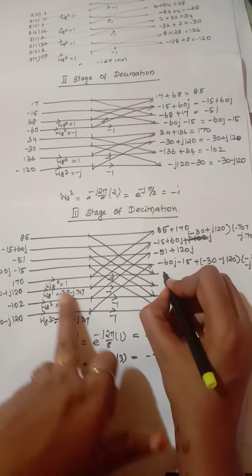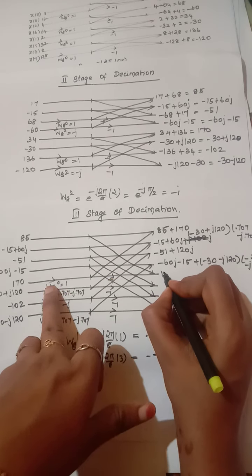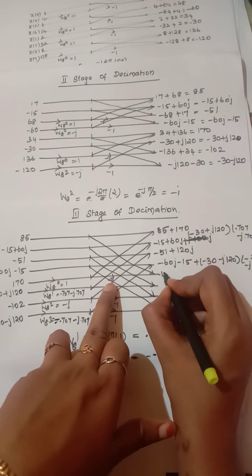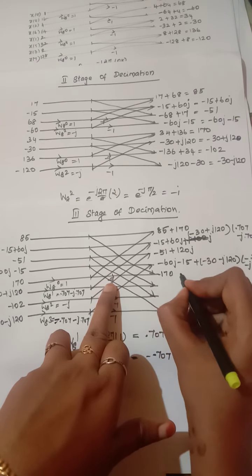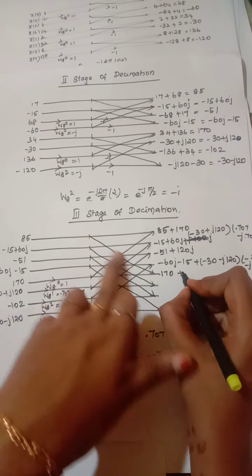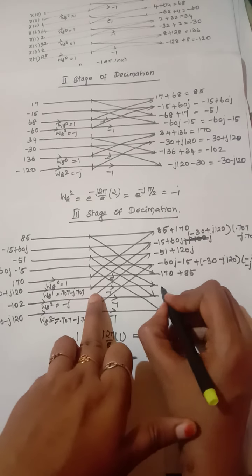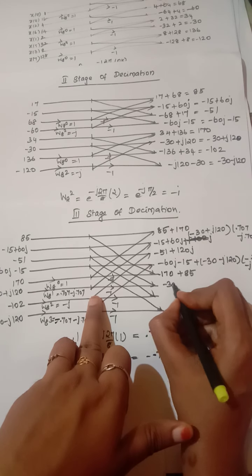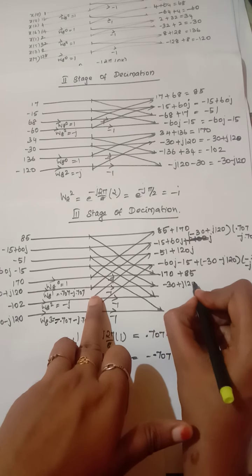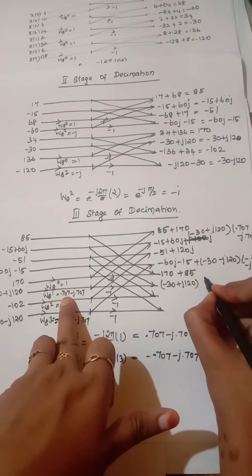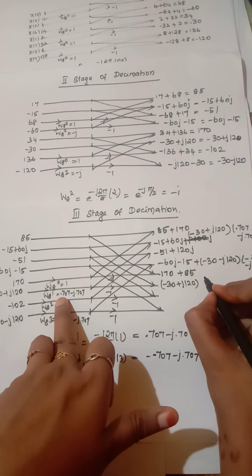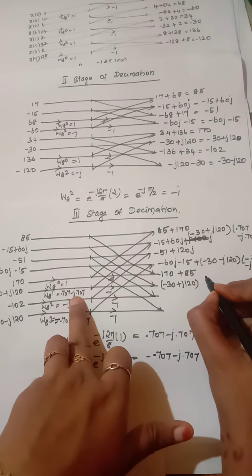So the next one is here it is 170 into 1 into minus 1, so minus 170 plus it come from this line, so it is 85. So here it is minus 30 plus j 120 into here it is plus 0.707 minus j 0.707.